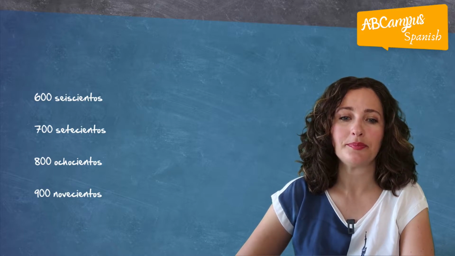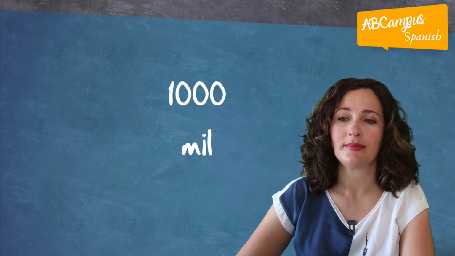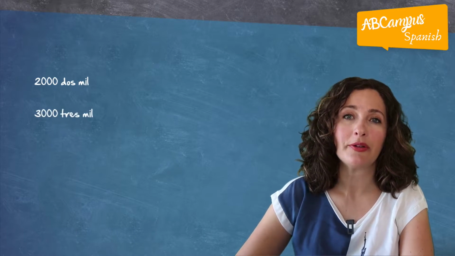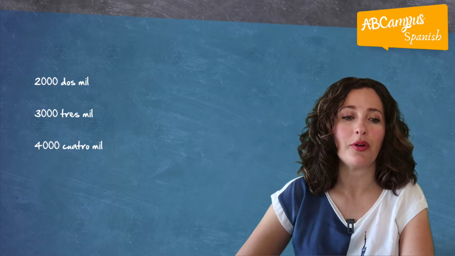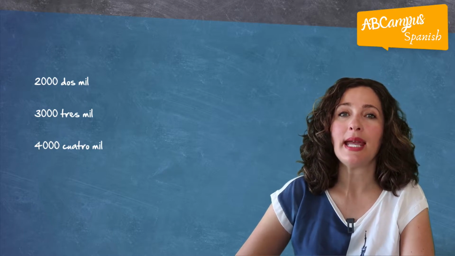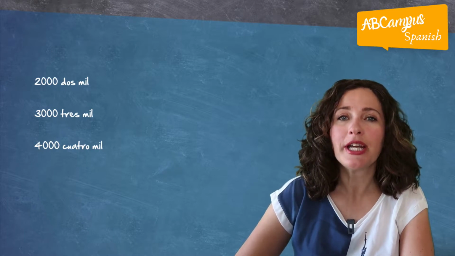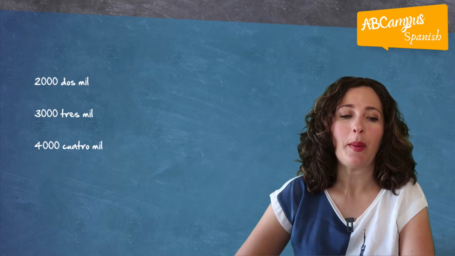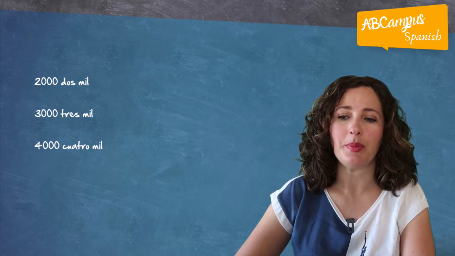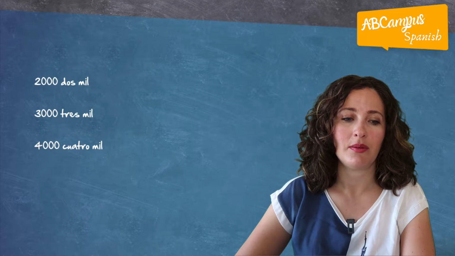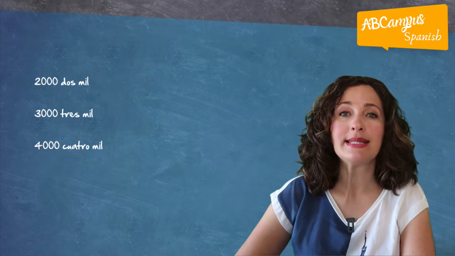Mil, dos mil, tres mil, cuatro mil, and so forth. When you're saying, for example, 1,100, we say the whole number, mil cien.